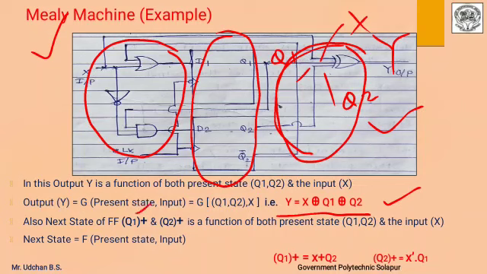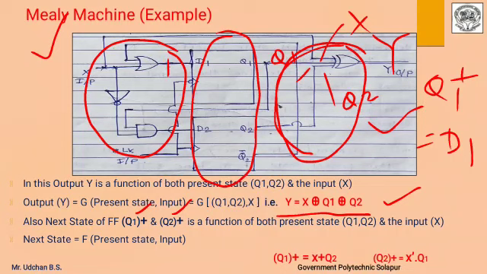Now the next states, that is q1 plus and q2 plus, are again functions of present state and input x. So here q1 plus is nothing but d1. So what I will get at the input of d1 is the output of this OR gate, which has two inputs.